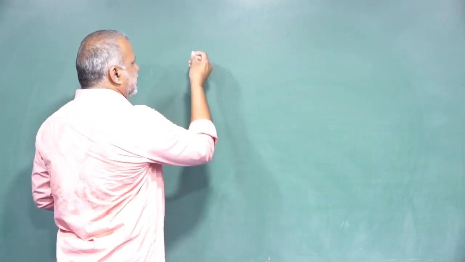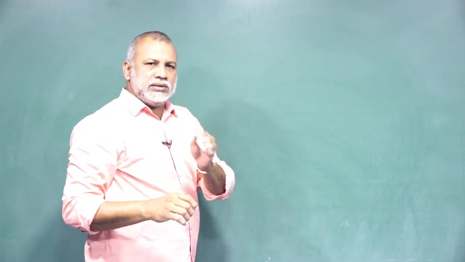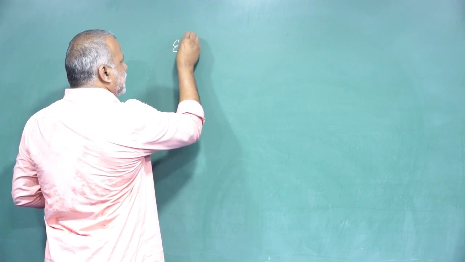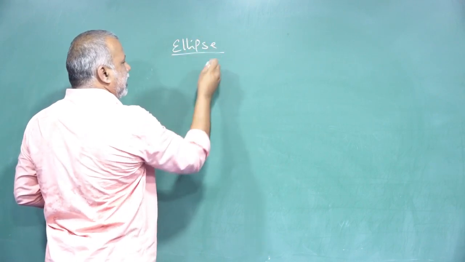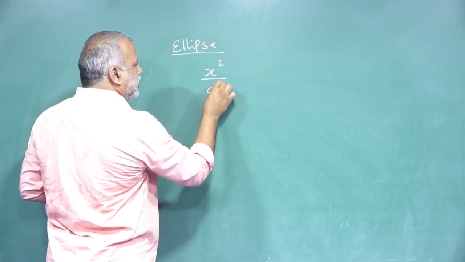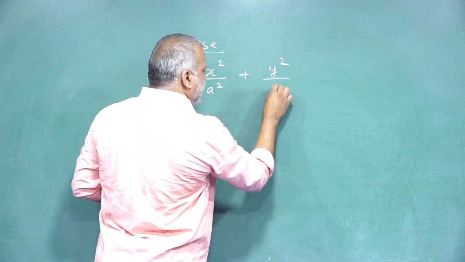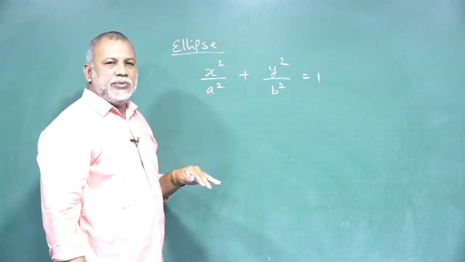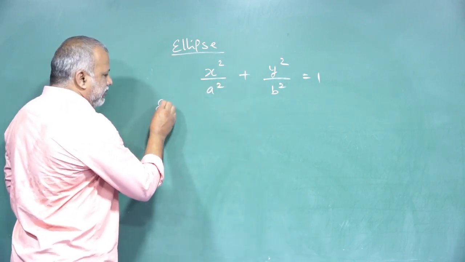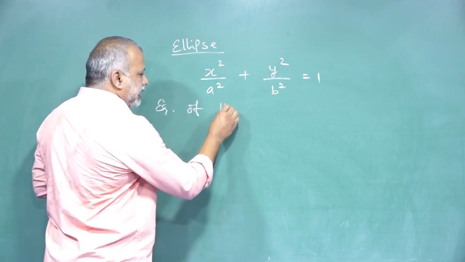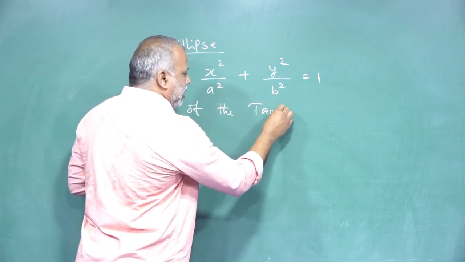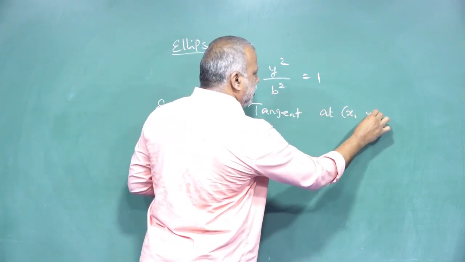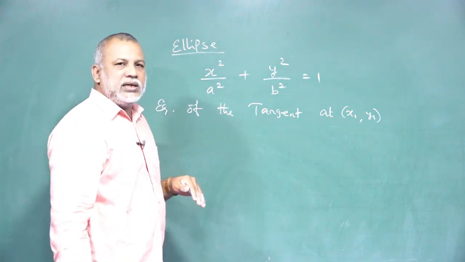See, what is the general equation of an ellipse? Not the full derivation, just a concept which we are able to work out. The general equation of the ellipse is x squared by a squared plus y squared by b squared equal to 1. Now we want to find the equation of the tangent at x1 comma y1.